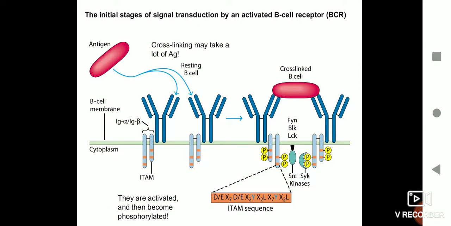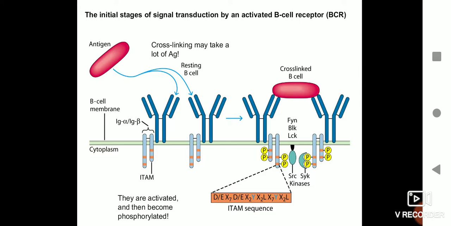And whenever there is activation of a B cell by binding of an antigen to the B cell receptor, just the way we have seen in case of the T cell receptor and activation of the T cell, the antigen can directly bind to the B cell receptor through cross-linking.